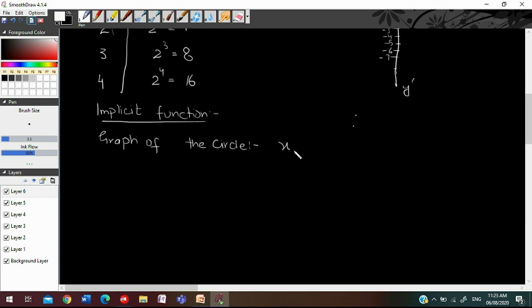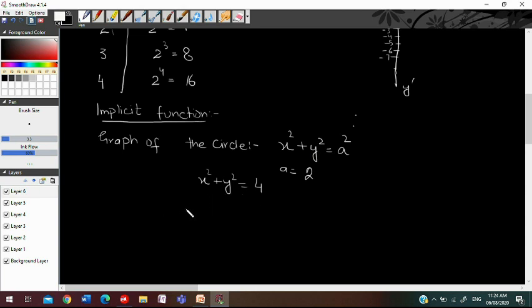The equation of the circle is of the form x square plus y square is equal to a. If a is a constant and we take a equal to 2, then the equation becomes x square plus y square is equal to 4. Now we have to find the graph of this function.